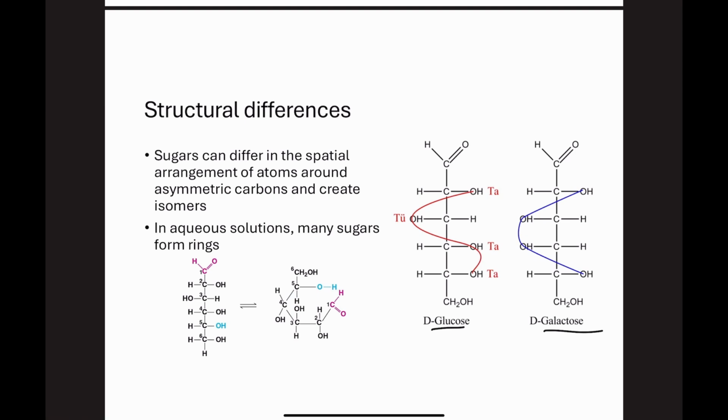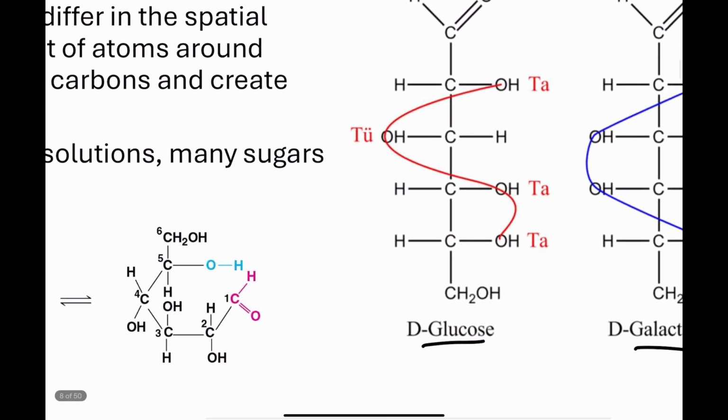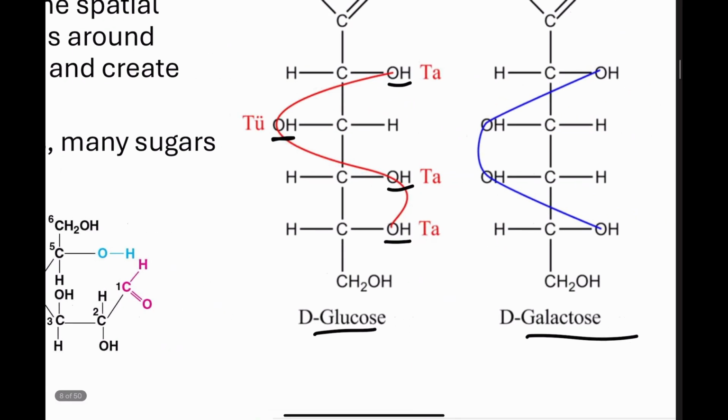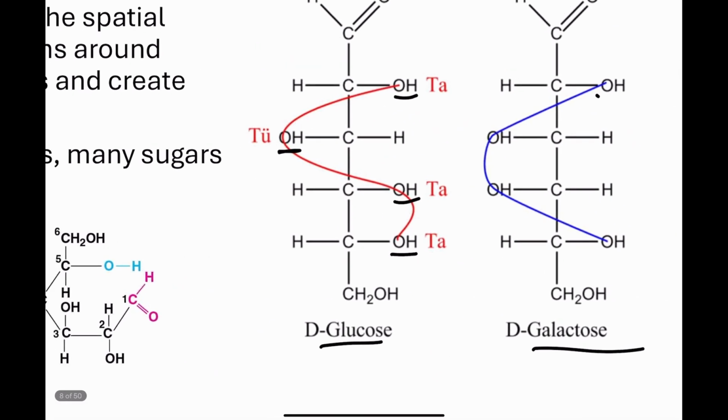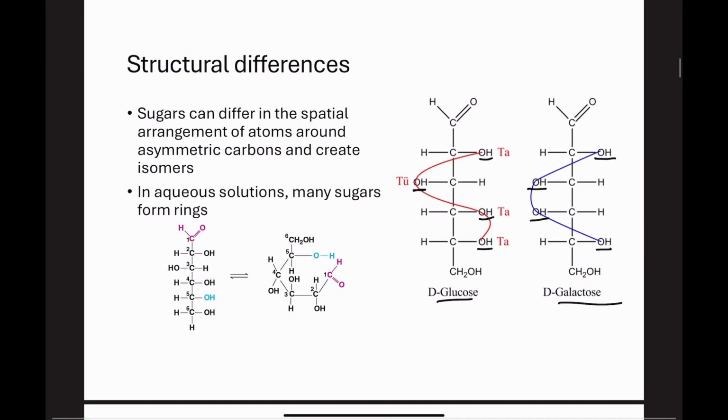When we look at glucose, we see 4 hydroxyl groups on the right side and 1 on the left side. But when we look at galactose, we have 2 hydroxyl groups on the right and 2 on the left. So even though they have the same exact formula, C6H12O6, they are two different molecules because they are isomers of each other.